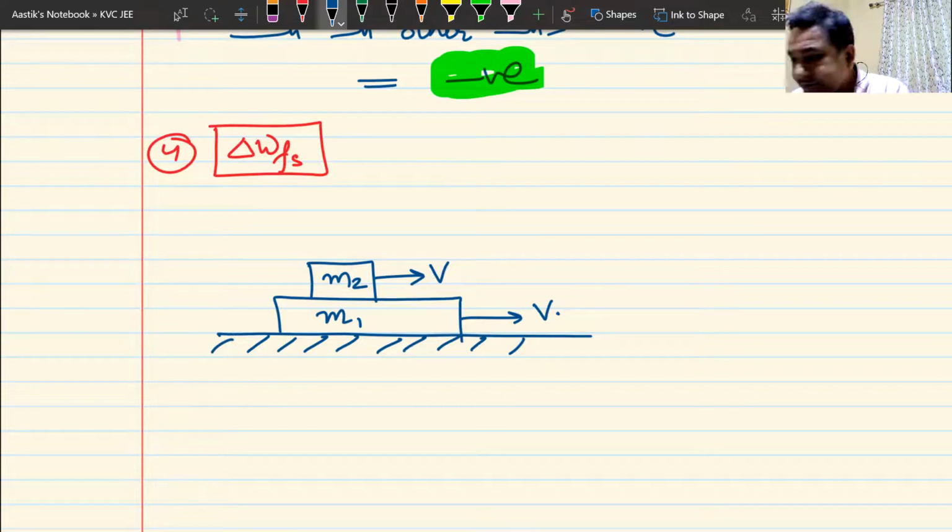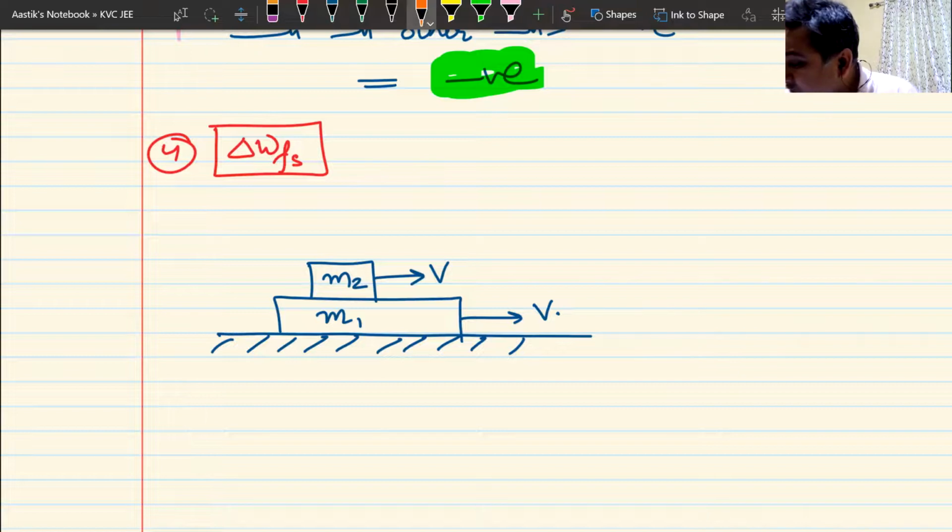Now, in this case, when they are moving with the same velocities, they are not accelerating. Both blocks are moving with the same velocity. There is no relative motion, but there is a tendency of relative motion.